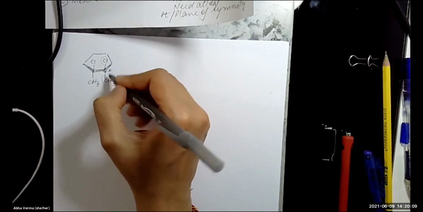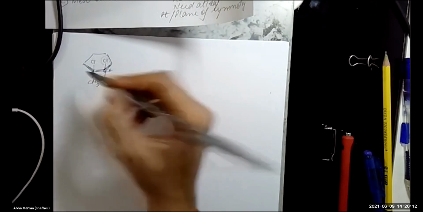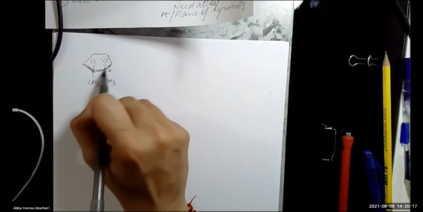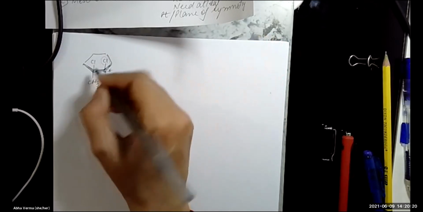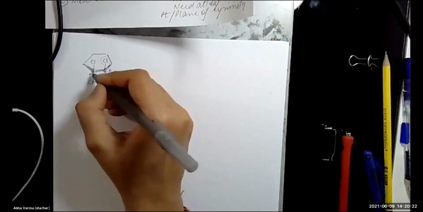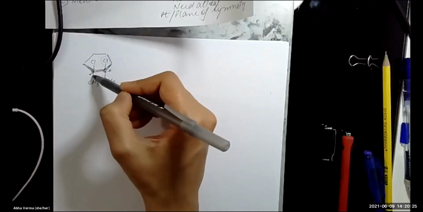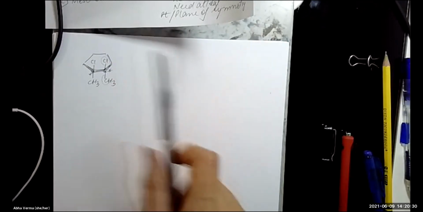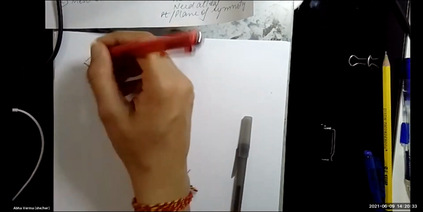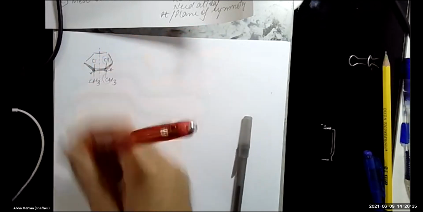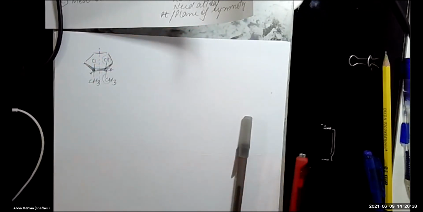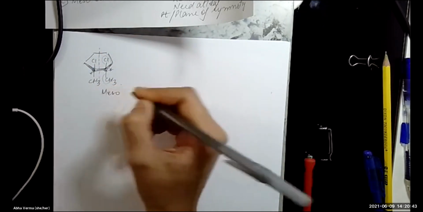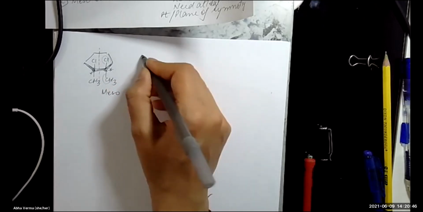This part of the ring and this part of the ring are different. So on this chiral carbon, you have 4 different groups. What about this? Yes, definitely chiral. This group is different from this group. This part of the ring is definitely different from that part of the ring. However, if you notice, there is a plane of symmetry. And so we can say that this molecule is a meso structure.